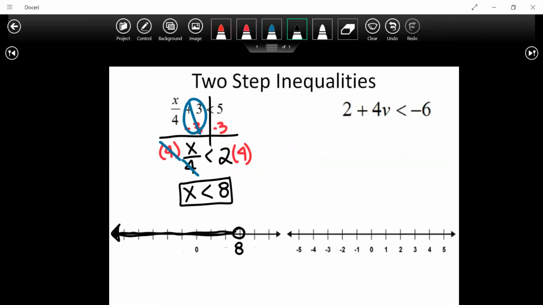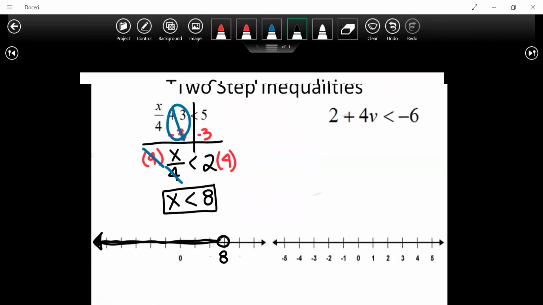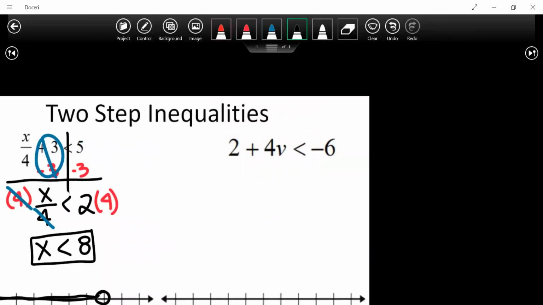If there's a line underneath the inequality, it's closed. Check it out. Okay? If on the bottom I have it, change that to a less than sign so we can see the difference. So less than or equal to. We're good on there.